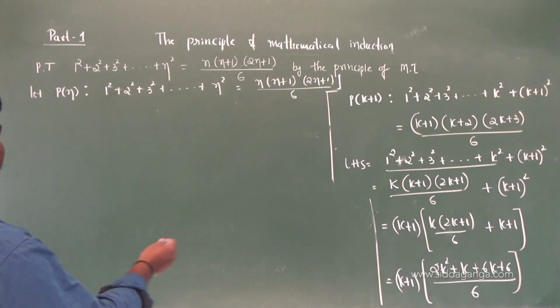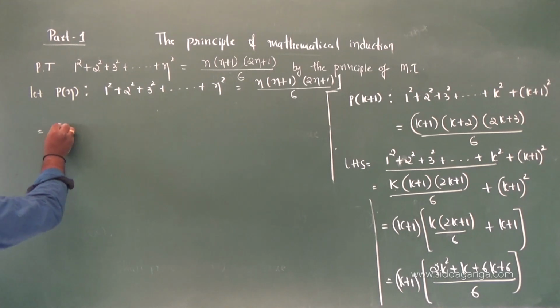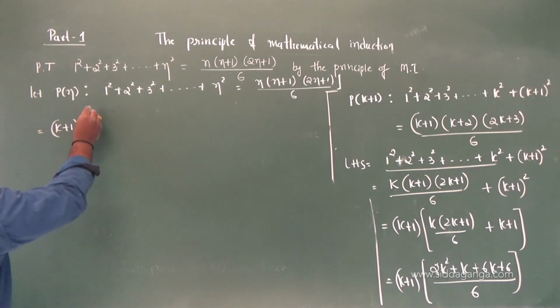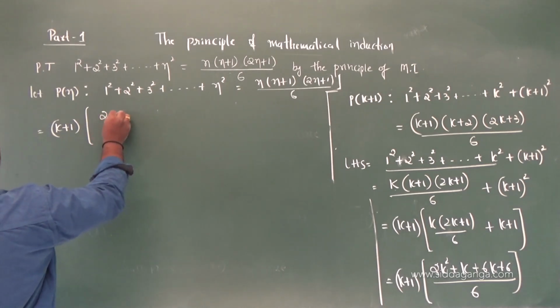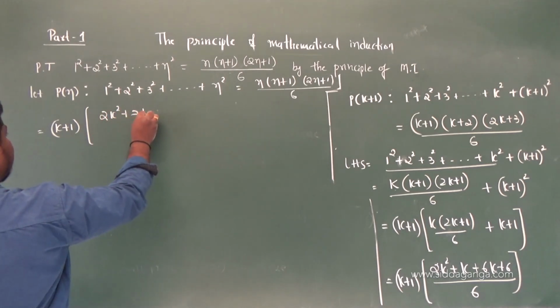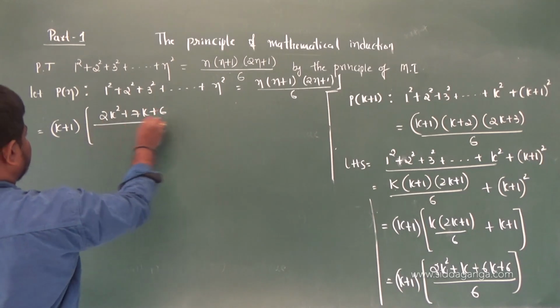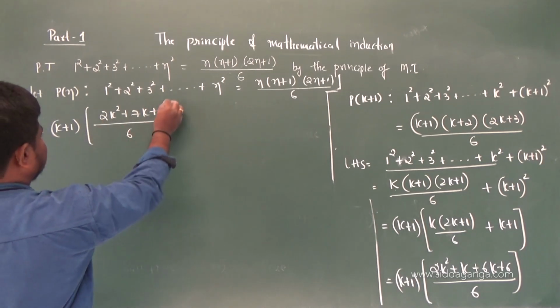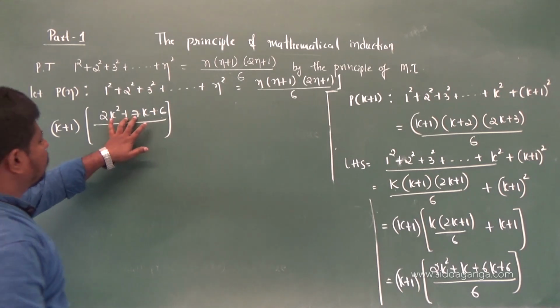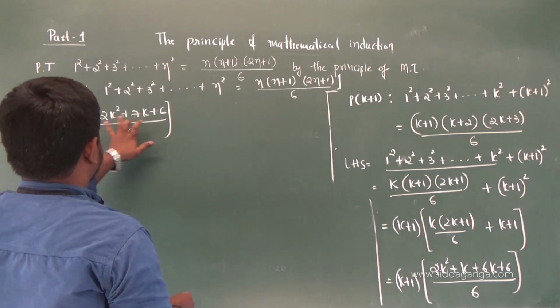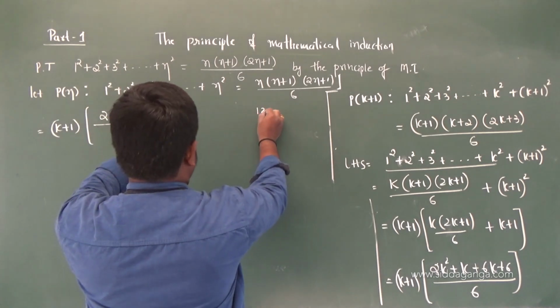Now let me simplify this. k plus 1 into, yes, we have 2k square plus 7k plus 6 whole divided by 6. Let me find the factors of this quadratic polynomial. You get 2k square, but 2 sixes are 12, so you get 3 fours, right?